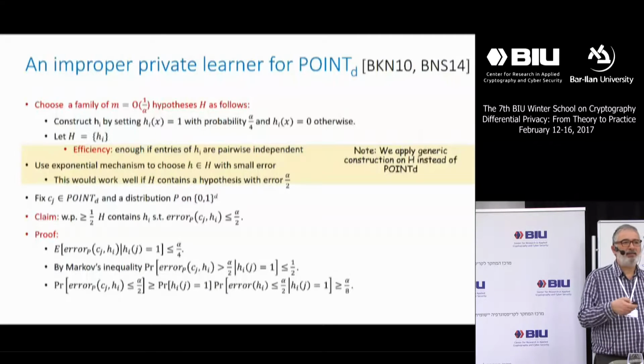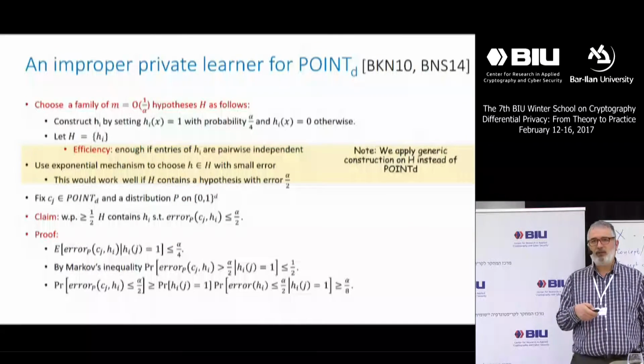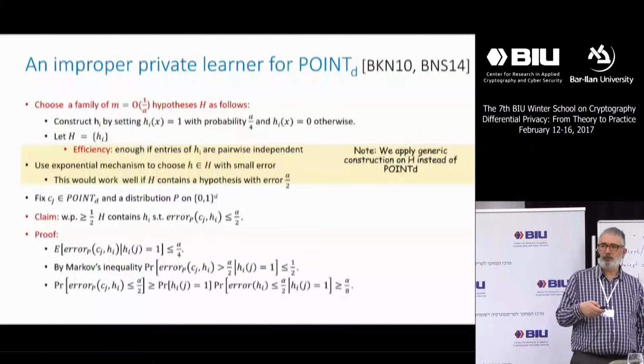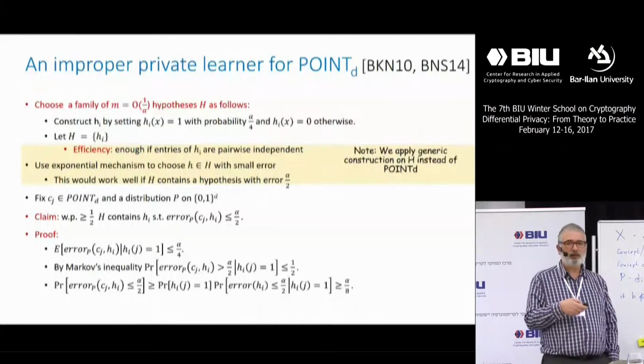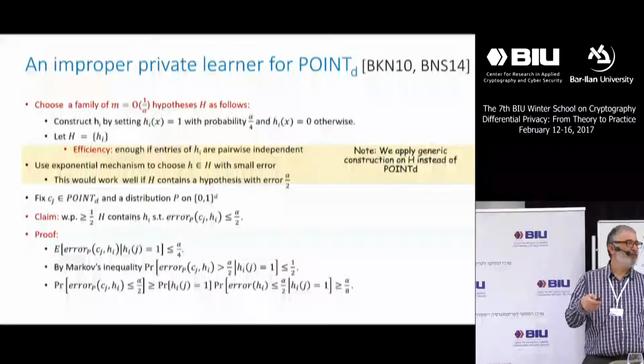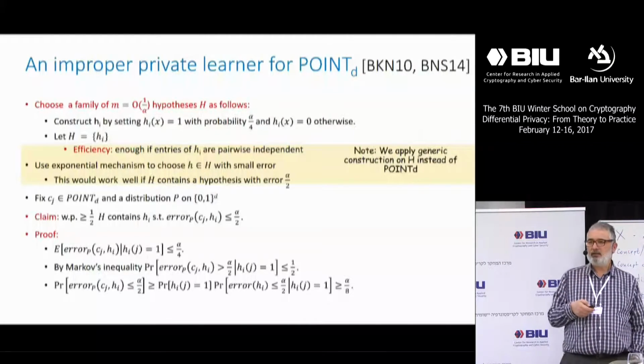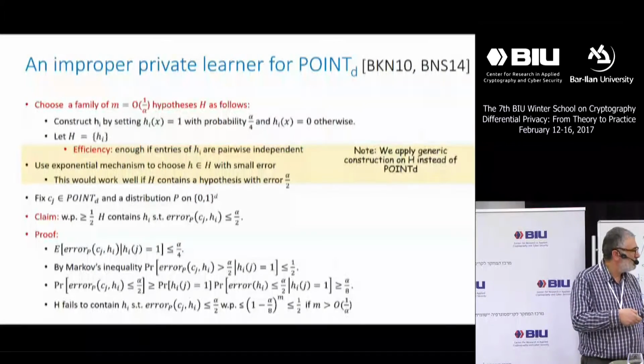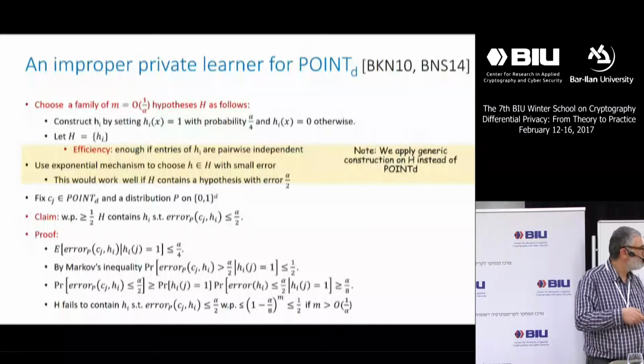So this tells us how many hypotheses like that we need to take. Roughly 1 over alpha, if we take, I don't know, 8 over alpha hypotheses, then we expect that one of them will be fine. Okay, if we want that to happen with probability 1/2, I guess we take 16 over alpha or something like that.